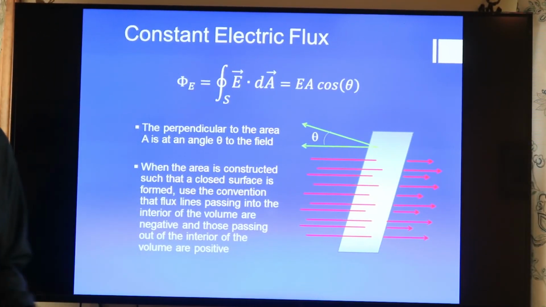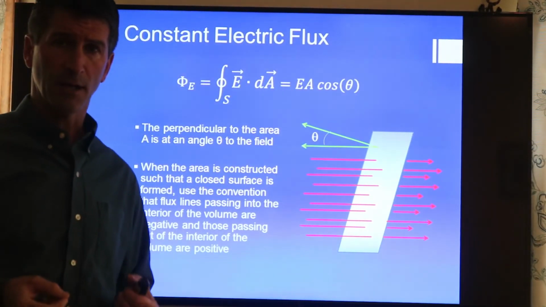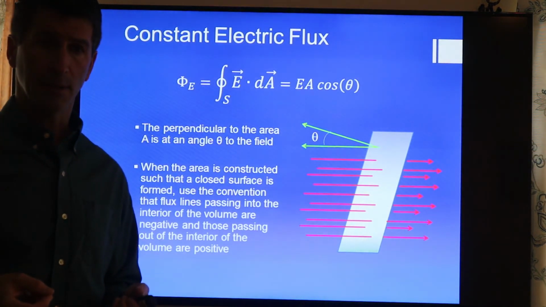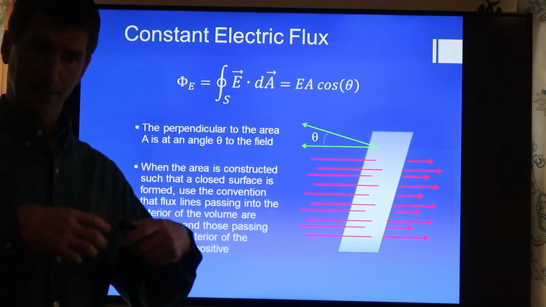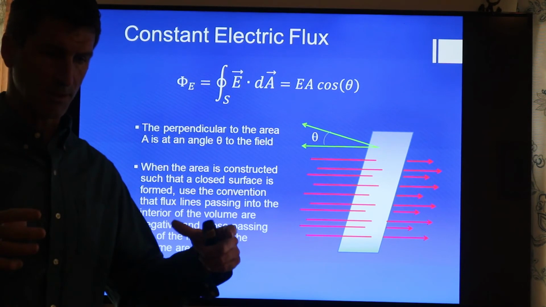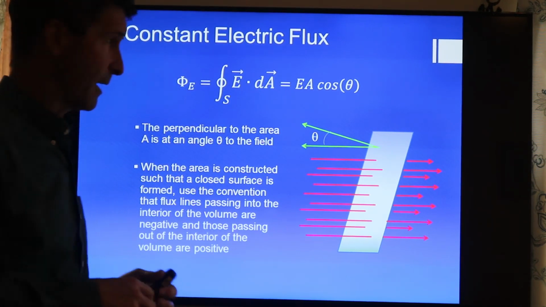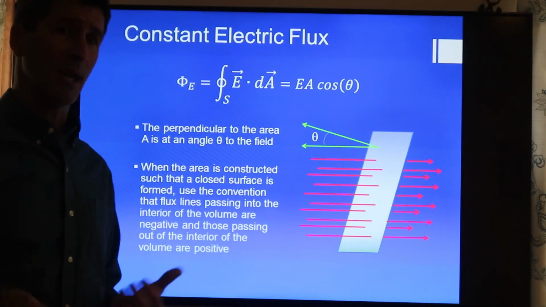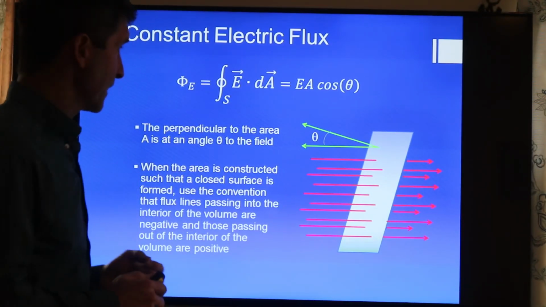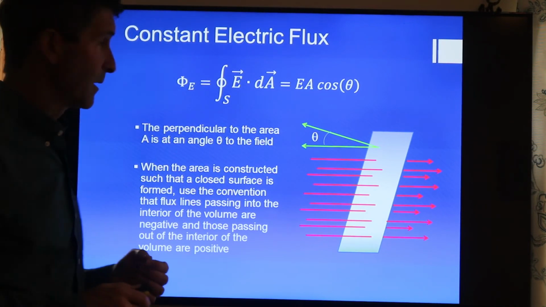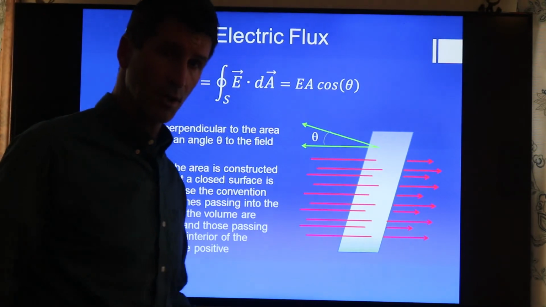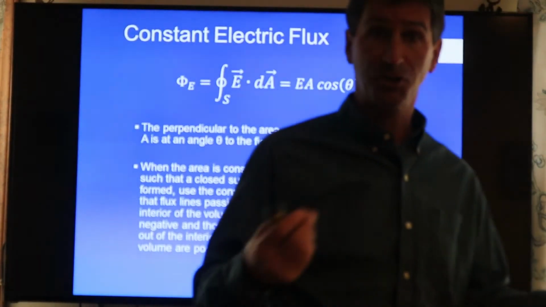Again, we're calculating the electric flux. What in fact we're doing here is a summation of all the individual electric fields in tiny little areas. The nice thing is that in some cases we can actually simplify calculating the electric flux. Now, in this case, let's say that our surface was just a flat sheet.